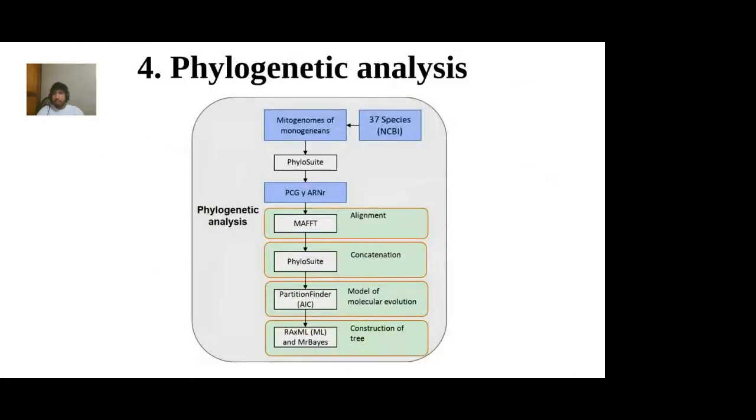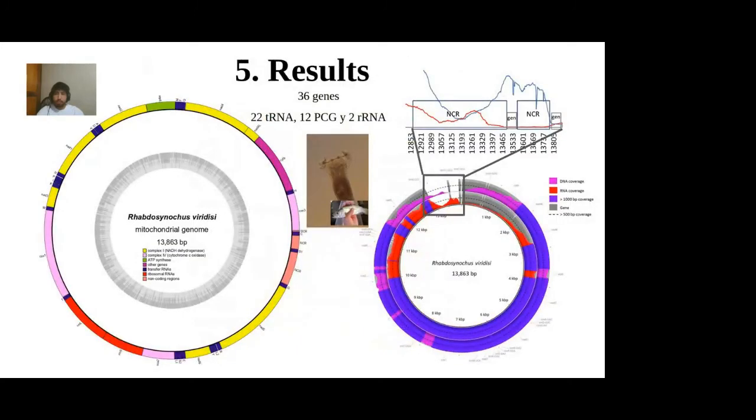For the phylogenomic analysis, mitogenomes from other monogeneans were used, and the programs PhyloSuite, PartitionFinder, RAxML, and MrBayes were used. The complete mitogenome of Rhabdoxinocus viridis, which has 36 genes, was assembled.